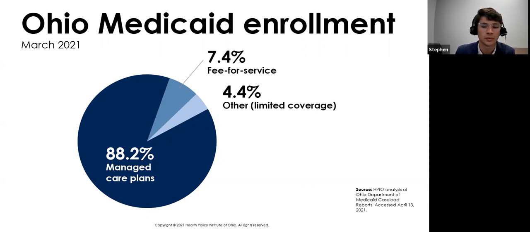As of March 2021, shown in the pie chart on the screen, 88% of people receiving full Medicaid benefits were enrolled in an MCP, 7.4% of people receiving full Medicaid benefits were enrolled in fee-for-service coverage, and the remainder of Ohioans receiving Medicaid coverage received limited coverage, which is classified differently by ODM than the other 2 enrollment coverage options.